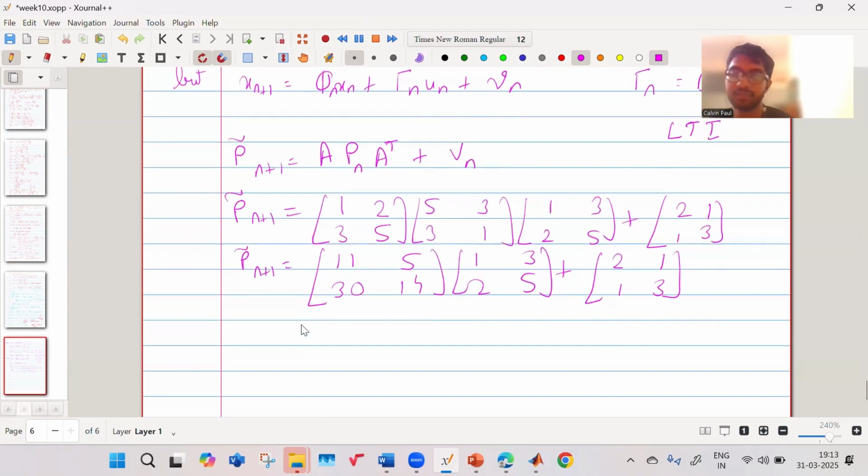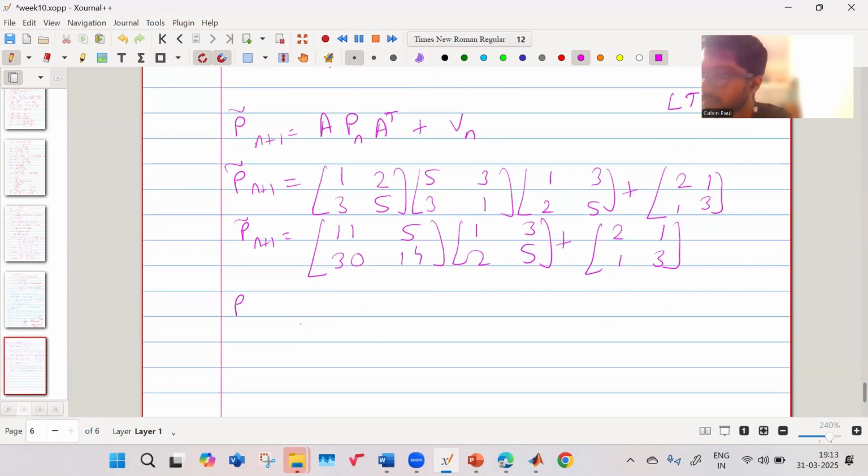So we get P tilde n plus 1. 11 plus 10 is 21. 11 into 3, 33 plus 25 is 58. 30 plus 28, so that comes up to 58.